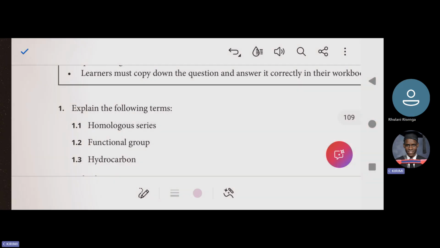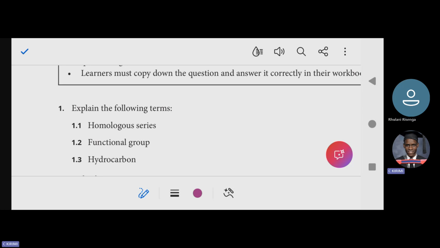What about hydrocarbon? Hydrocarbons are organic compounds that contain carbons and hydrogens. So if I have CNH3, is it a hydrocarbon? No, it's not. So it must be hydrogen and carbon only.